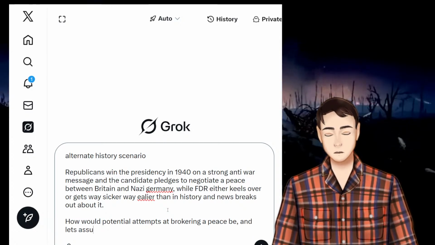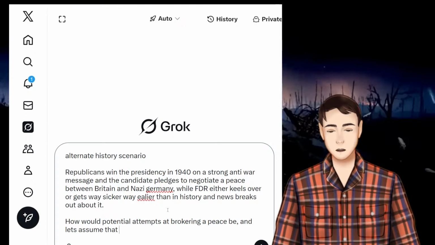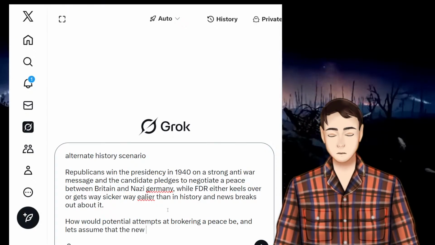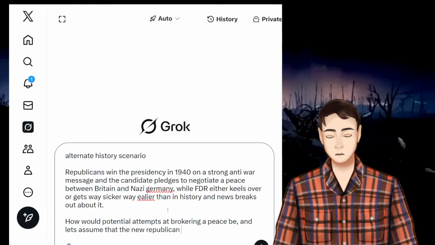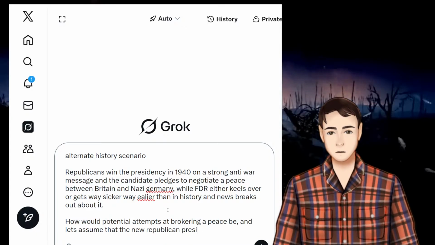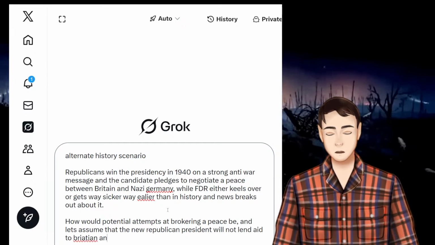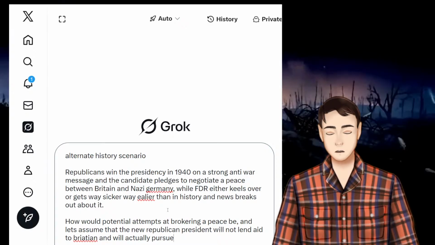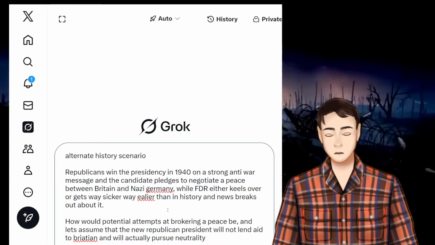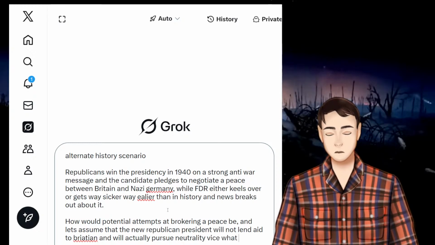And let's assume that the new Republican president will not lend aid to Britain and will actually pursue neutrality, given what happened with FDR.